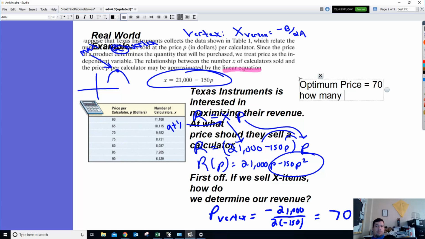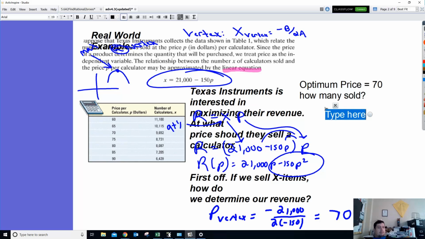How many were sold? How could you figure that out? Don't use the chart. I guess you could. This is an approximation. Came from this guy right here, 21,000 minus 150p.